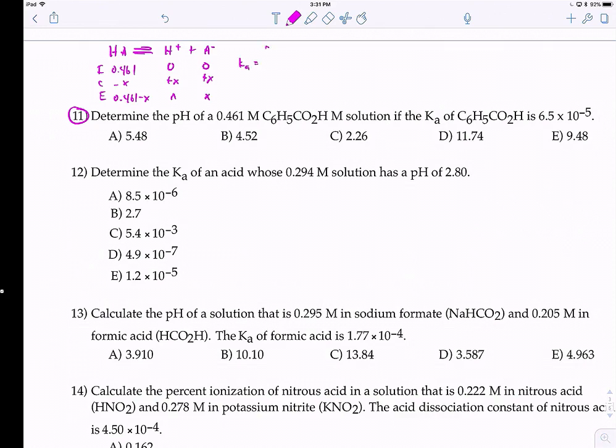Ka is hydrogen ion times anion over acid, equals 6.5 times 10 to the minus 5 equals x squared over 0.461 minus x. Discount that x.